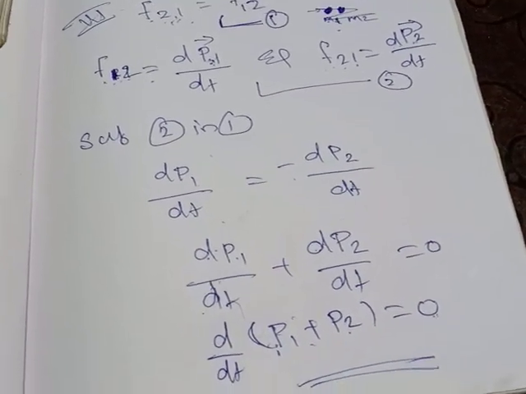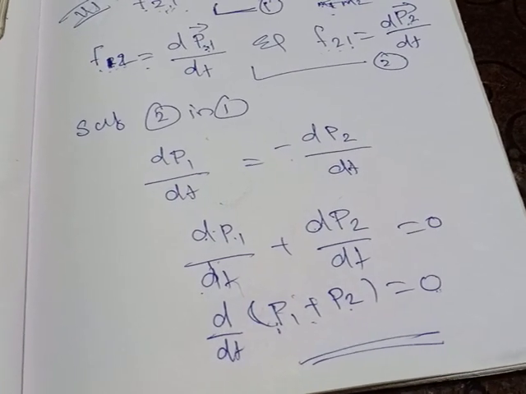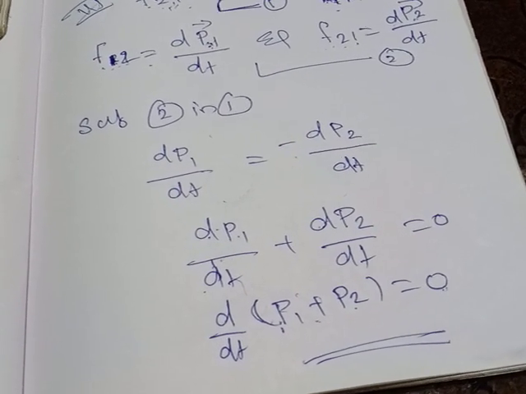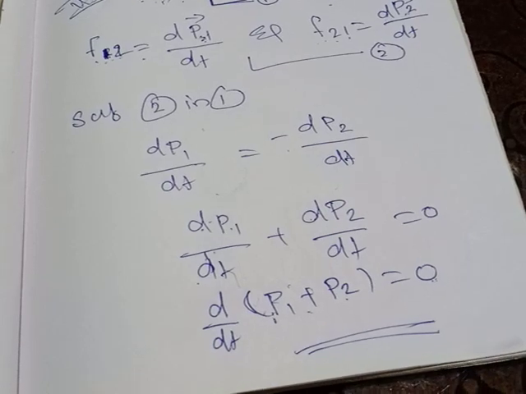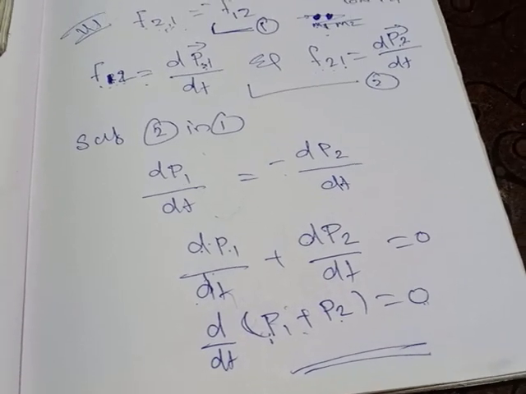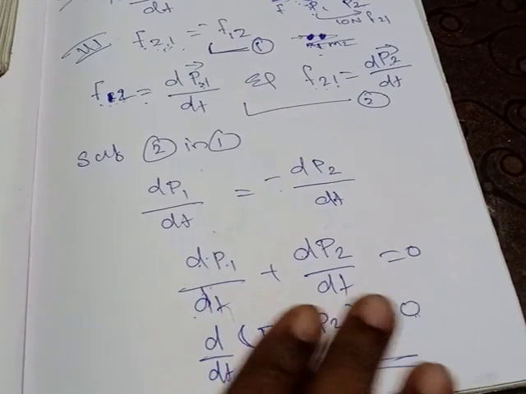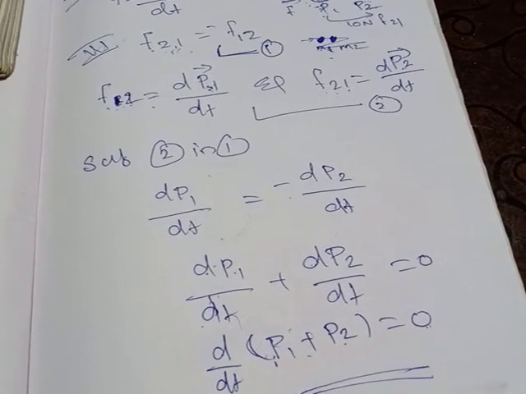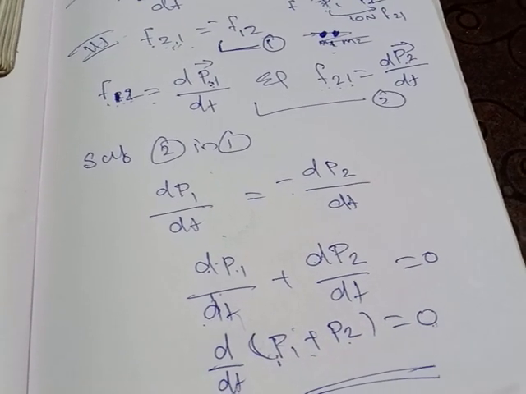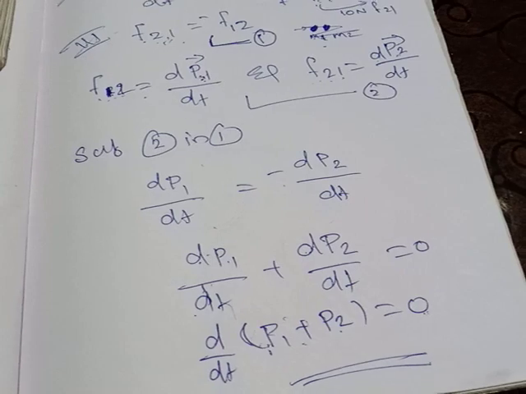So assume that there are no forces acting on the system; then we can tell that the total linear momentum will always be constant. Otherwise, we say the total linear momentum is conserved.